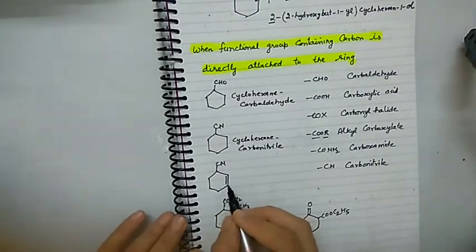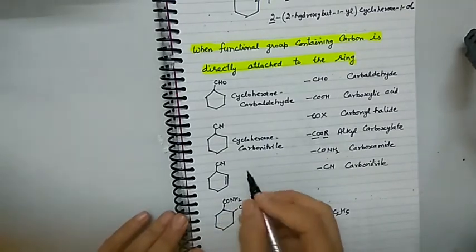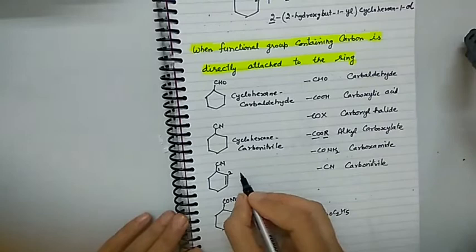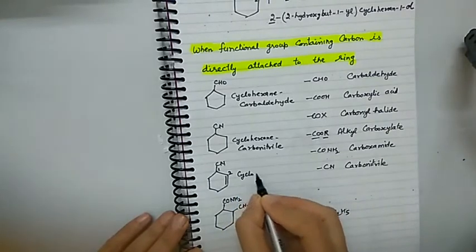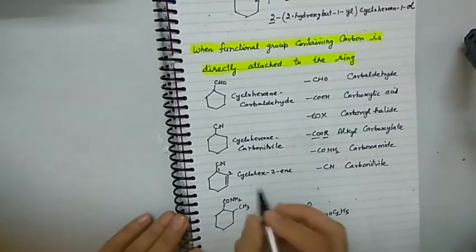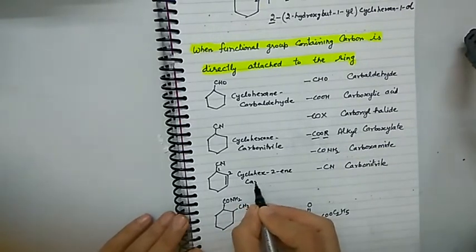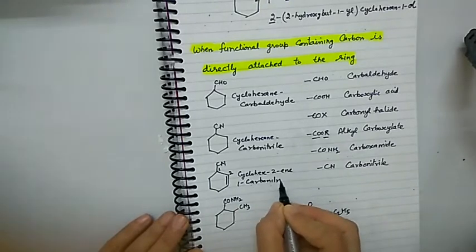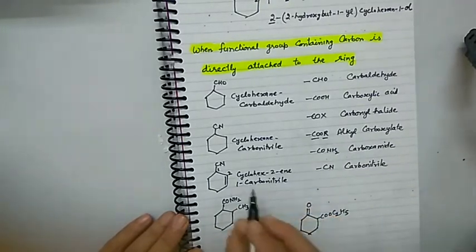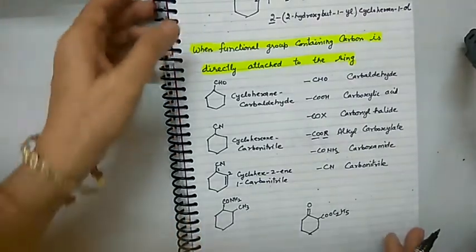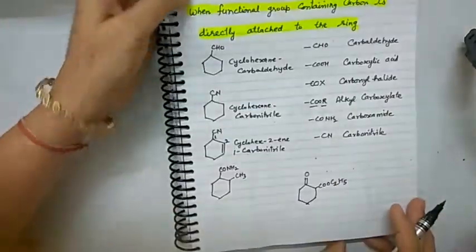So we have to mention the position of double bond also. This is 1, this position given number 1, this is 2. So we call it cyclohex-2-ene 1 carbonitrile, right? Cyclohex-2-ene 1 carbonitrile. Let us come to next.